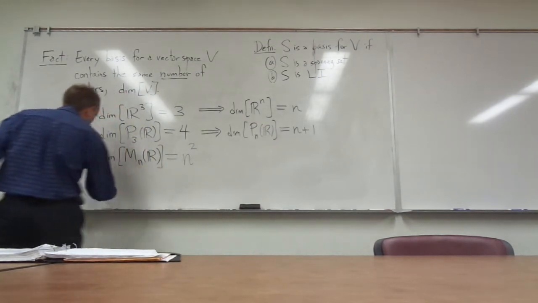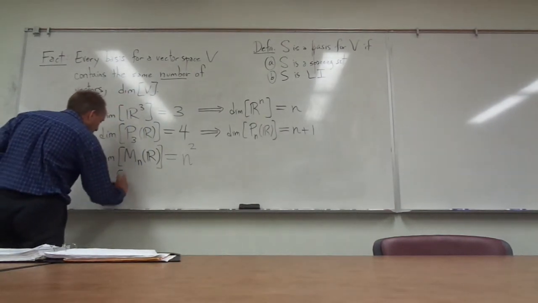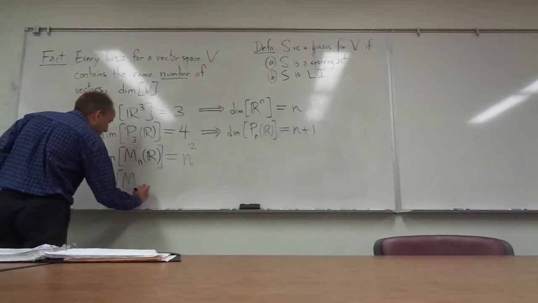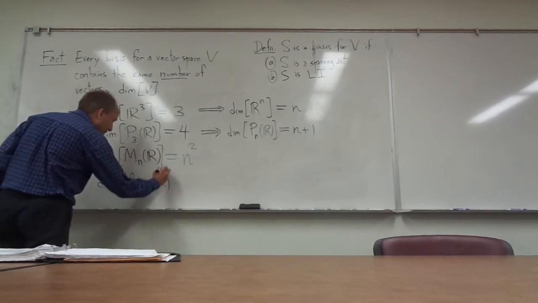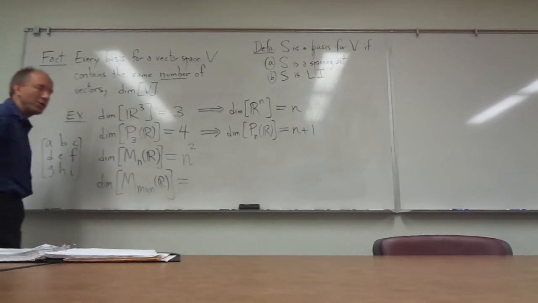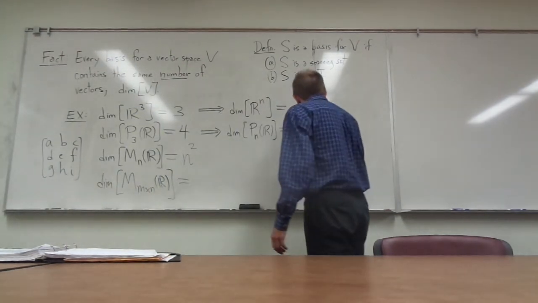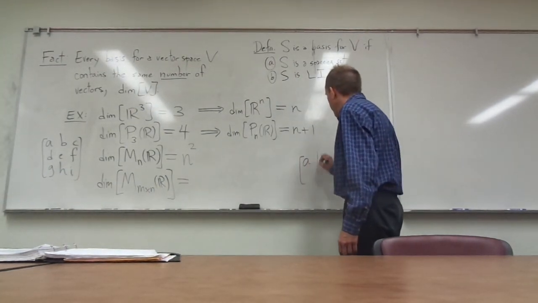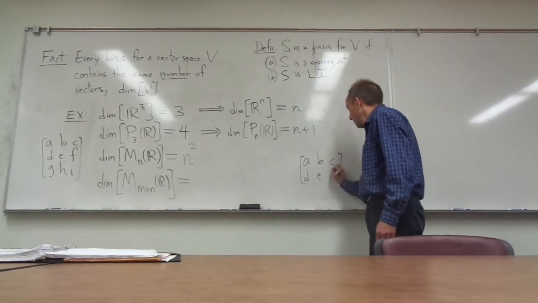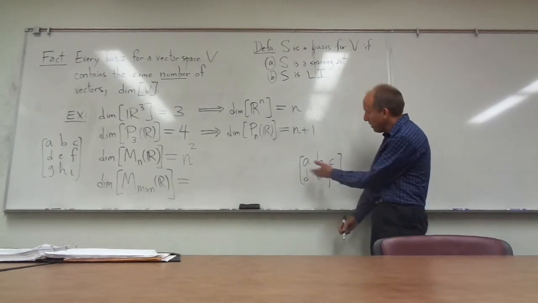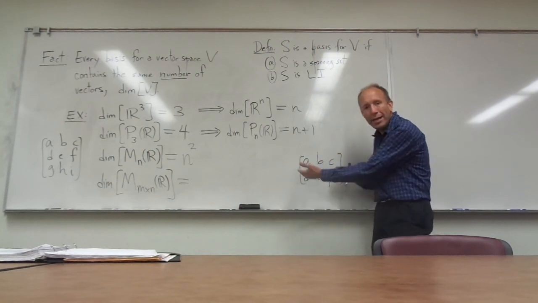What about a matrix that's not square? What if it's an m by n matrix? What's the dimension of that? It always helps to look at an example. Suppose it was a 2 by 3 matrix. If I had a 2 by 3 matrix, I could label the entries like this.